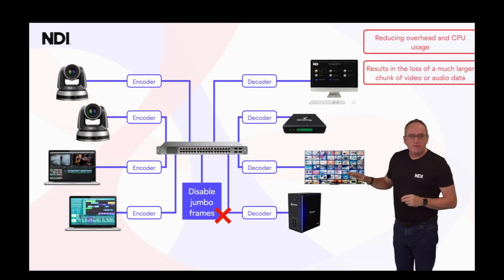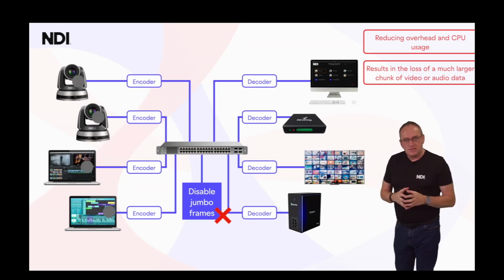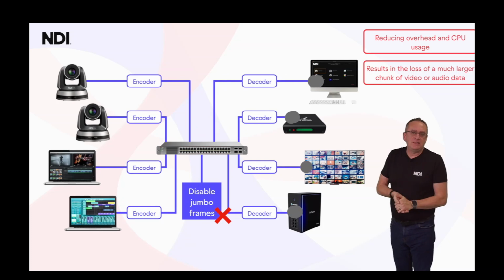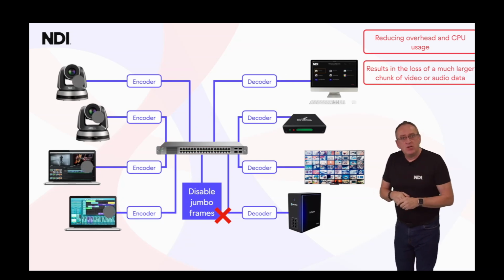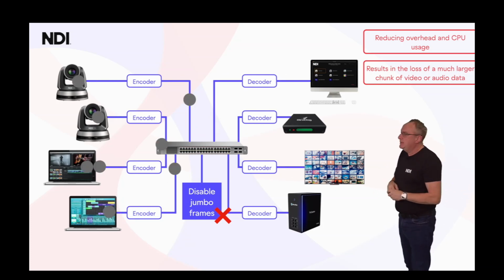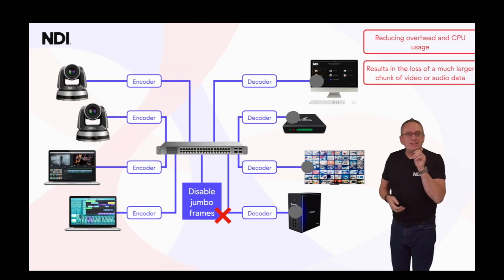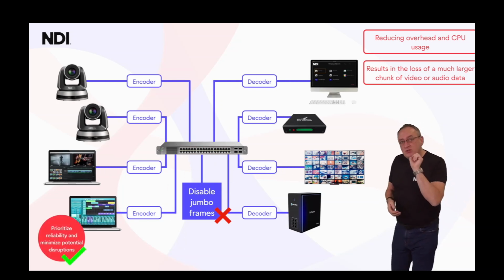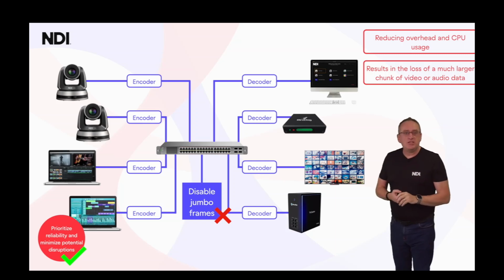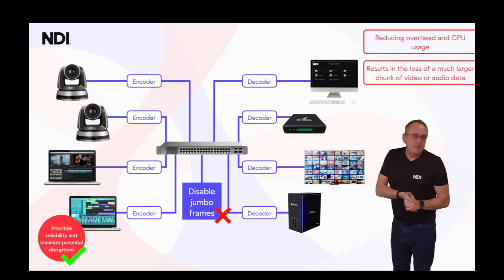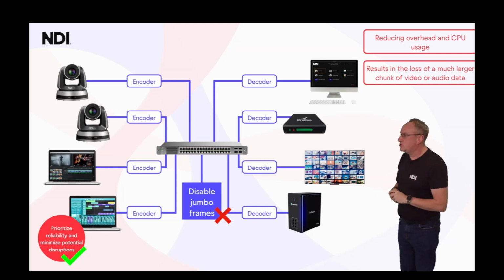Disabling jumbo frames minimizes this risk because with smaller packets, any packet loss results in a much smaller portion of video data being affected, reducing the impact on the overall stream. In high bandwidth real-time environments like NDI, it's essential to prioritize reliability and minimize potential disruptions, which is why avoiding jumbo frames is a best practice to maintain smooth, uninterrupted video streams.